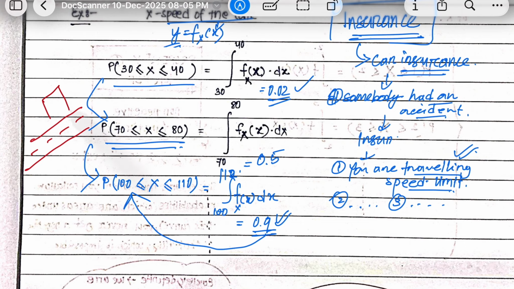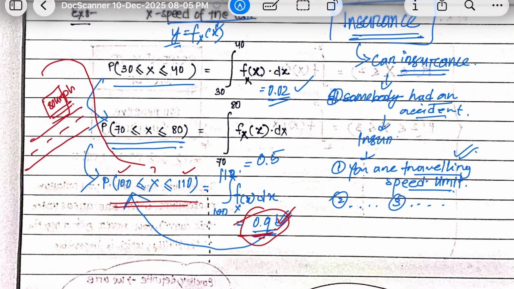The speed limit on the road is 80 km/h, and you are traveling between 100 and 110. When you put the values in that function, you got the highest probability, 0.9. Sorry, the car is moving at 100 to 110 speed because that has the highest probability.